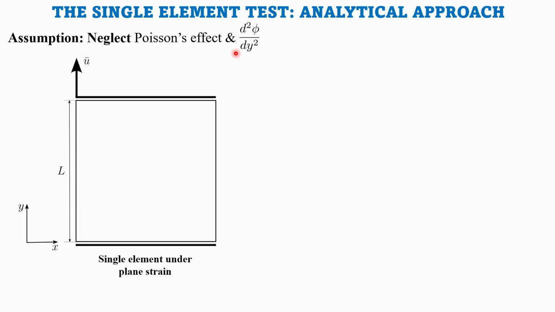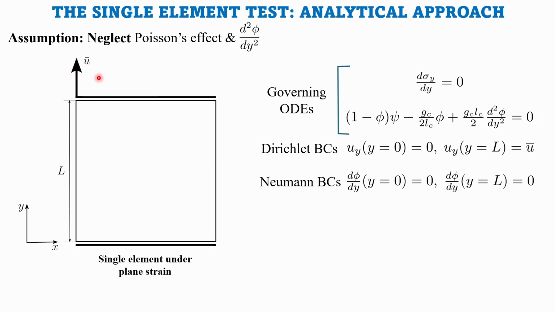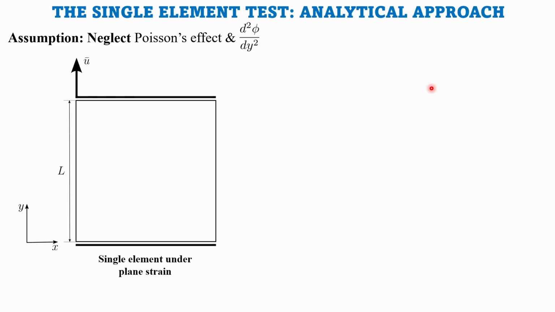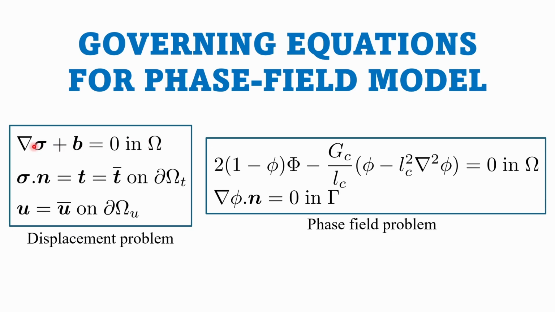So this is what our single element looks like. We have a single square element under plane strain tension. This U bar is your specified displacement, which is tension. Now, assuming these, and in a one-dimensional setting, your governing ODEs reduce to these. Essentially this first equation is a reduced form of the equilibrium equation with zero body force.